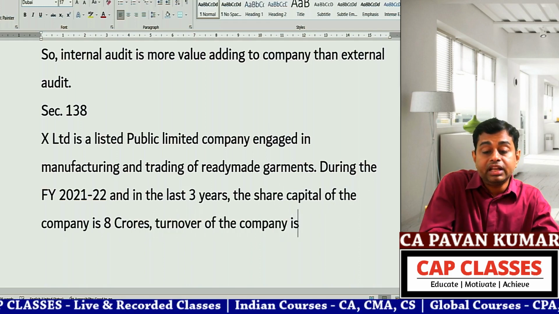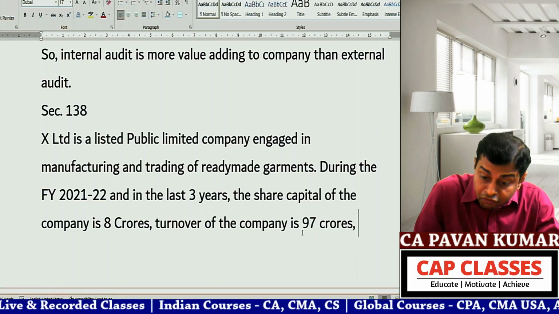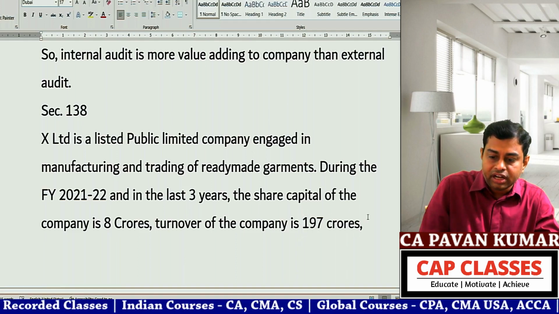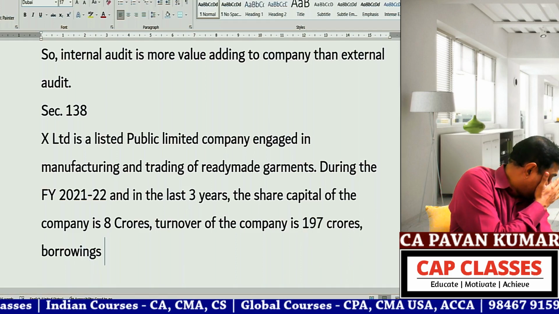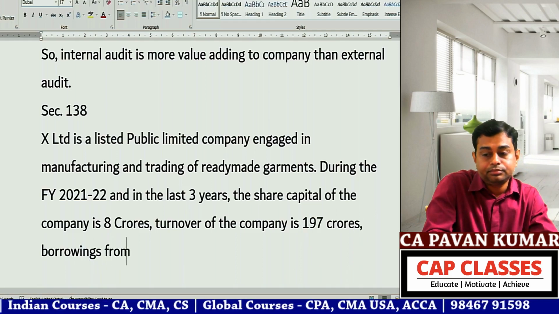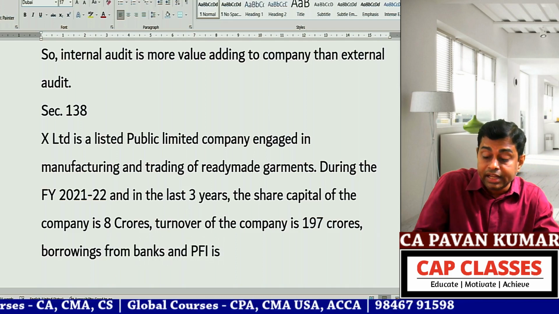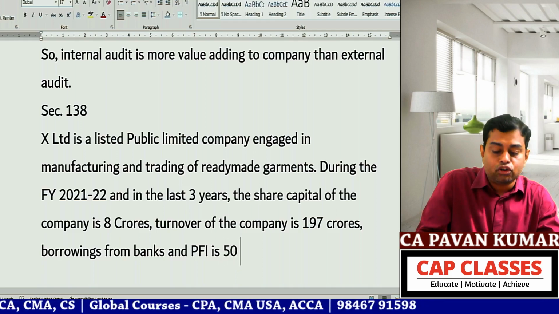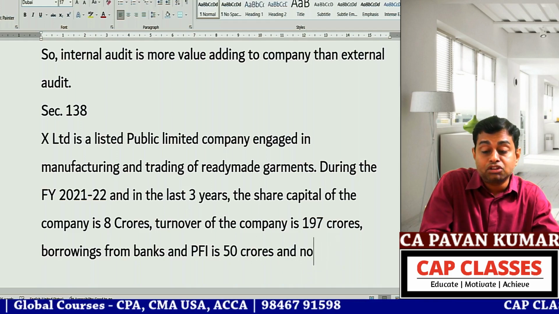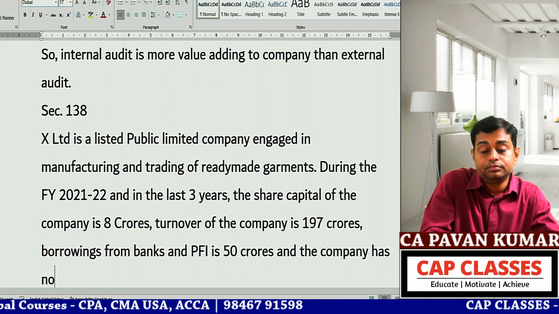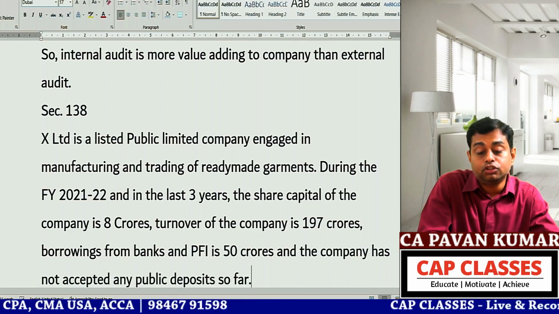Turnover of the company is average, you call it 97 crores or 197 crores. 200 is the limit, no? So I'll put 197. Borrowings from banks and public financial institutions is 50 crores and no public deposits. The company has not accepted public deposits so far.